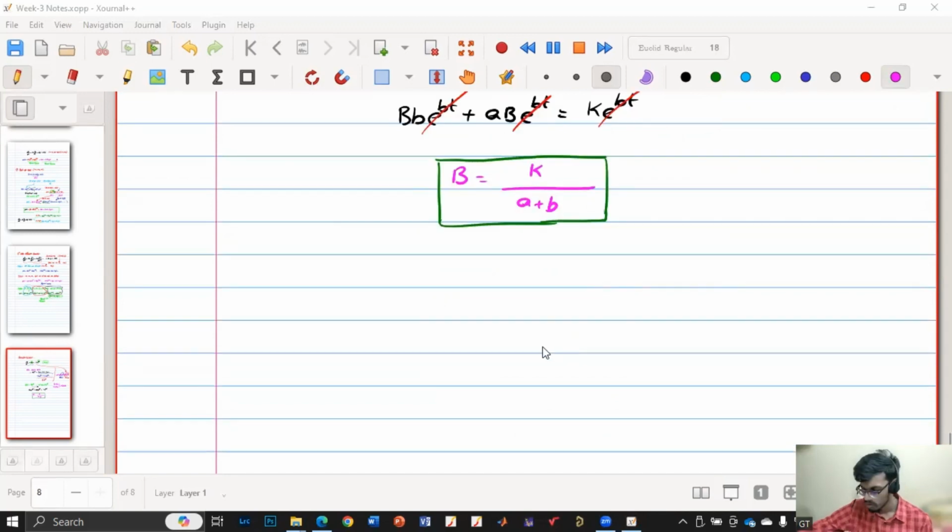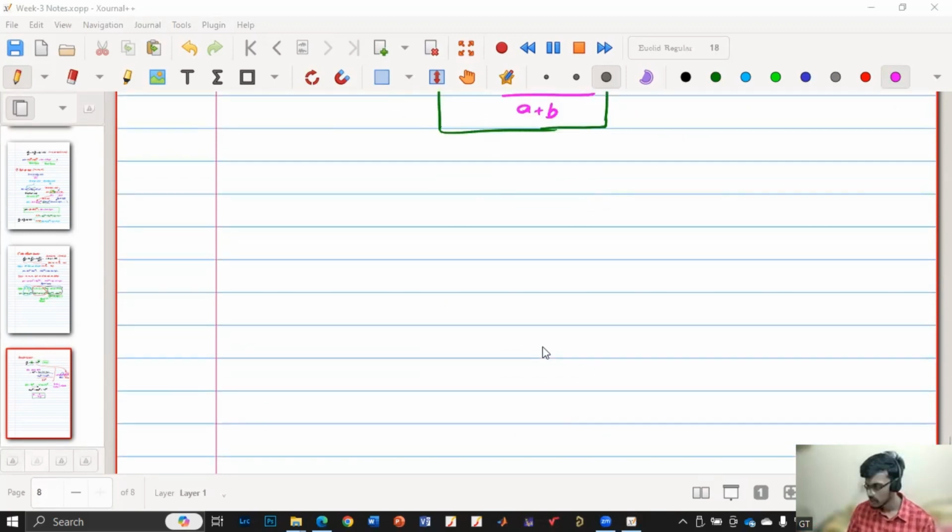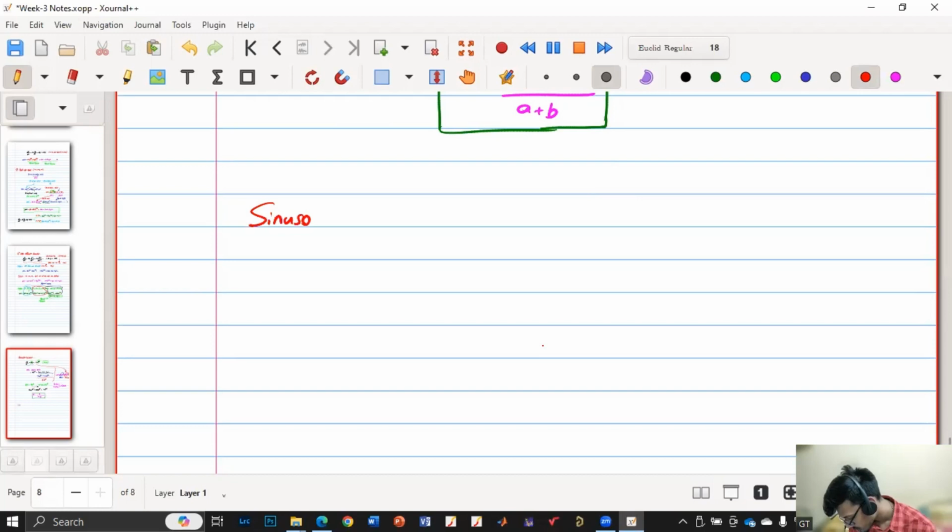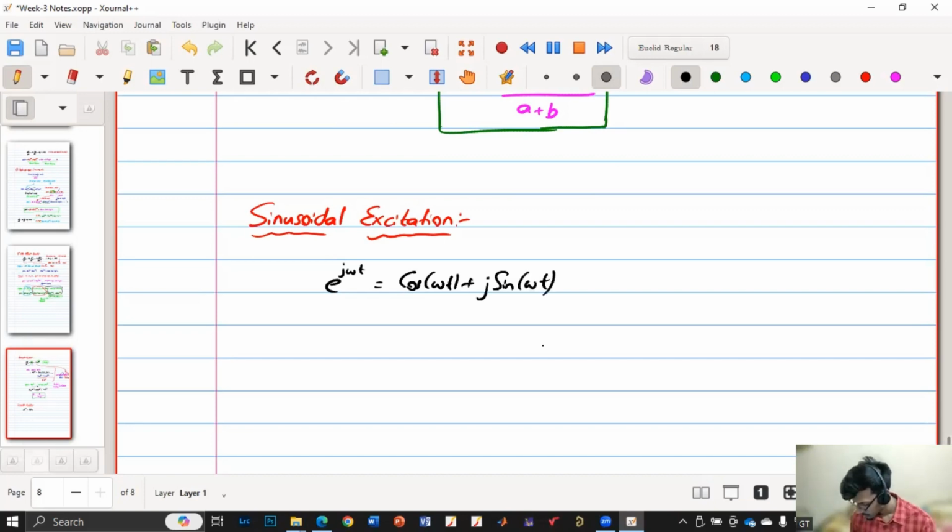Yes, sir. Okay. So we have studied the exponential excitation. Now what happens with the sinusoidal excitation? Sinusoid excitation is also similar to exponential excitation. Why? Because you know e to the power j omega t is cos omega t plus j sin omega t, and e to the power minus j omega t is cos omega t minus j sin omega t.